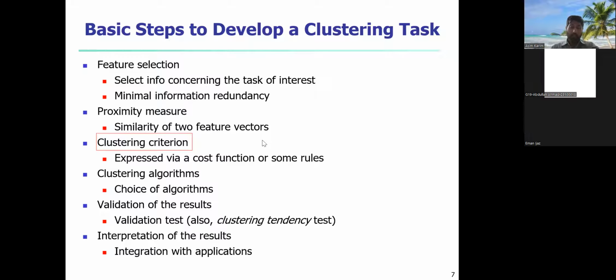This is the clustering criterion. You need to have a criterion, a precise way of quantifying this. You can say, intuition of intra-cluster similarity and inter-cluster dissimilarity. So that is the clustering criterion. Most algorithms would have an explicit clustering criterion.